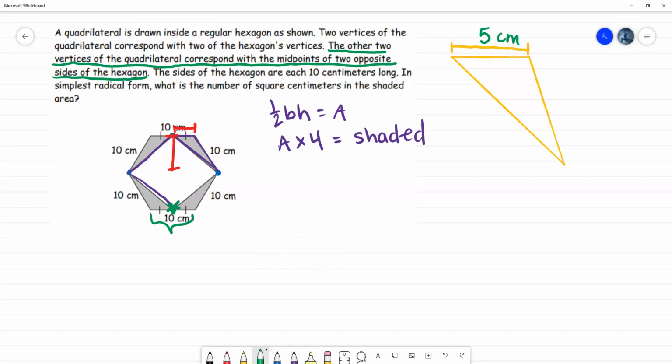Now that we know our base, we need to find our height, which is this value right here. And notice that I'm not taking the side length of the triangle itself, but I'm taking the actual height, which is important because that's what's going to give us our area.